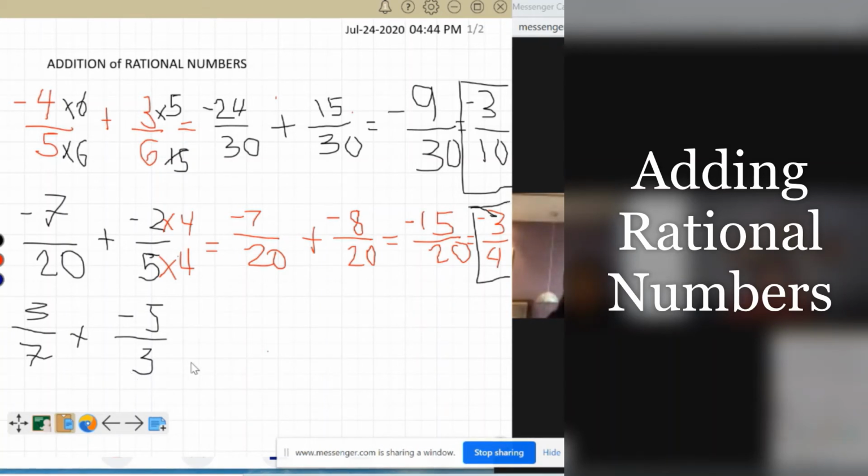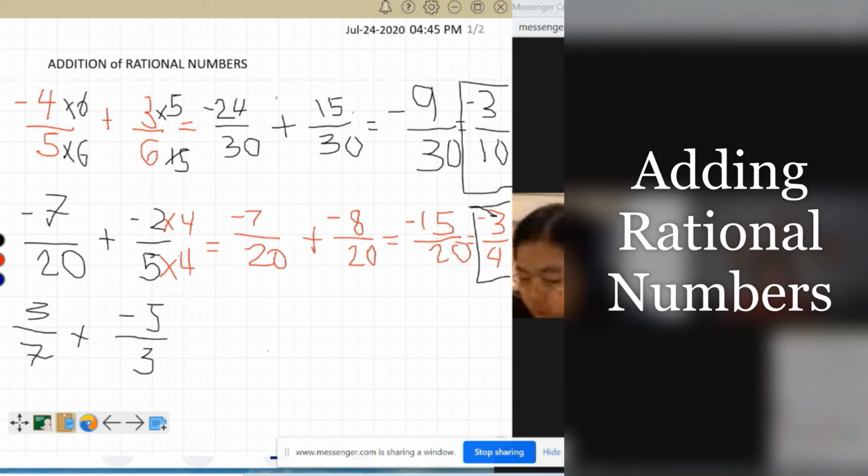We just need to interchange again the fractions, by multiplying the denominators. We just interchange this.